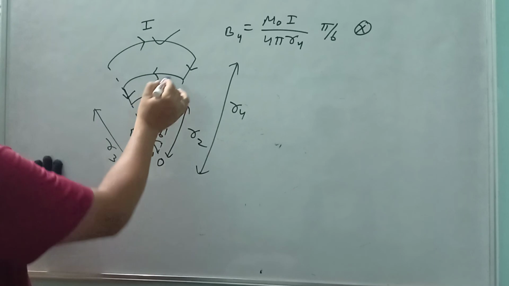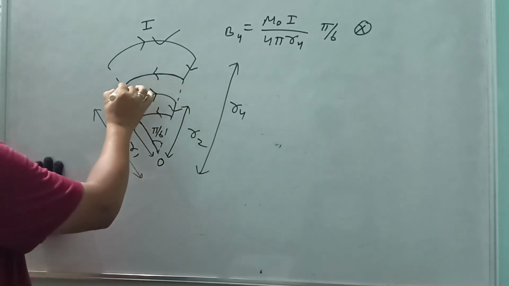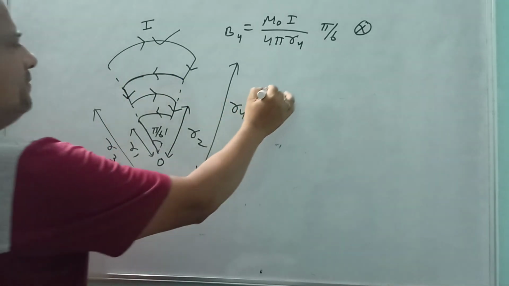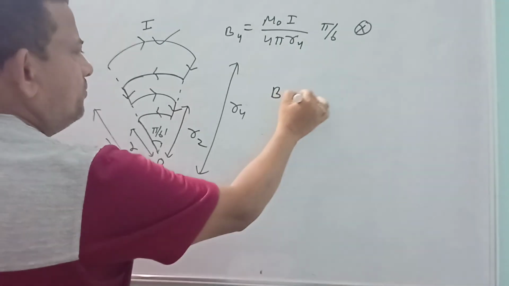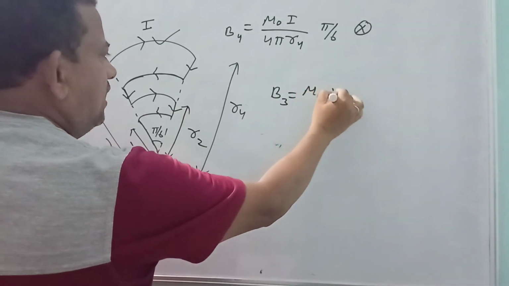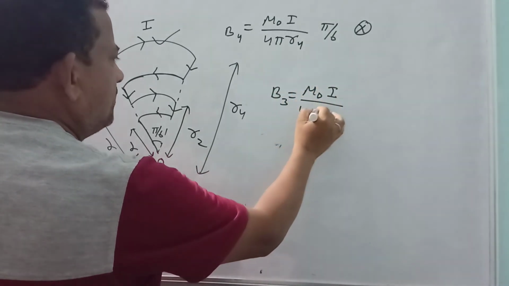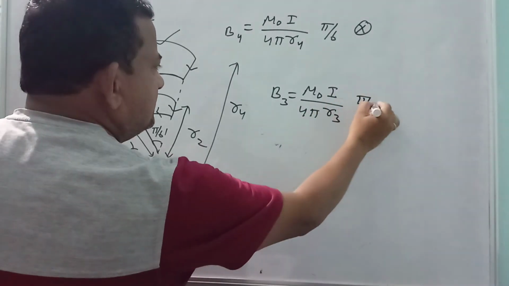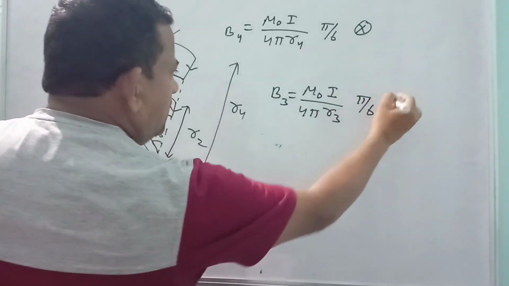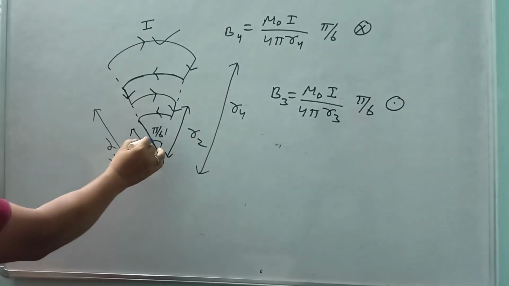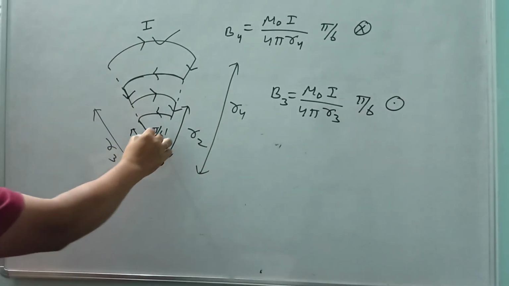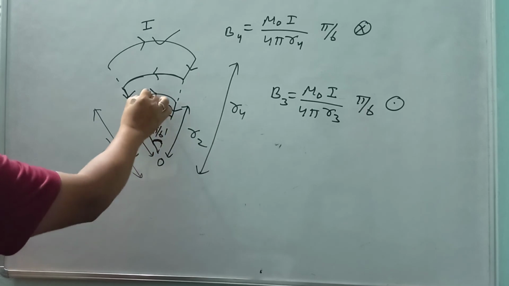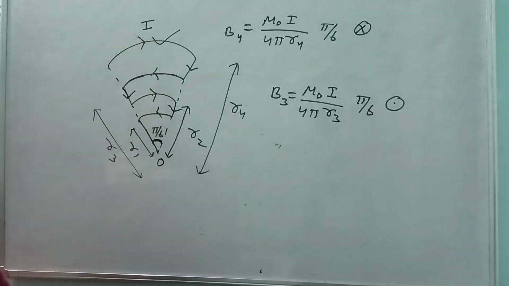Similarly, students, for this arc, B3 is equal to mu naught I by 4 pi R3 into pi by 6, outward. The angle theta is pi by 6 for all.